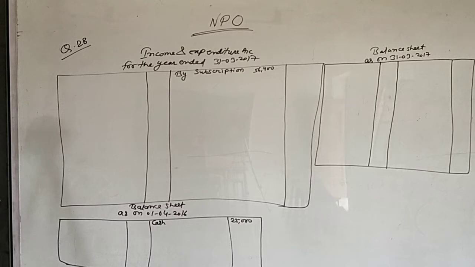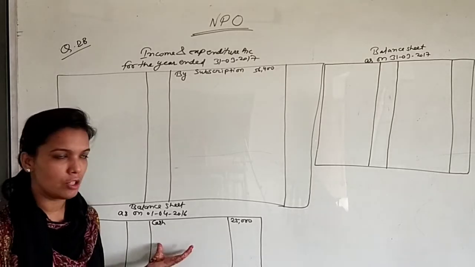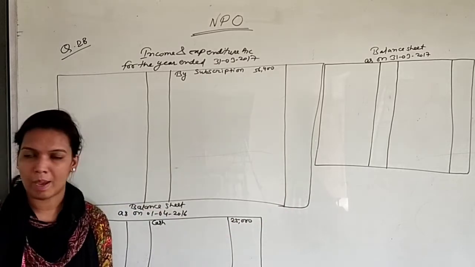On 31st March 2016 salary outstanding was 900 and on 31st March 2017 salary outstanding was 1,200. You have salary outstanding of both the years. And the last point, club owned furniture of 30,000 and books 14,000 on 1st April 2016. Means you have opening balance of furniture and books that we will treat in the opening balance sheet and we will write the same in the closing balance sheet also.